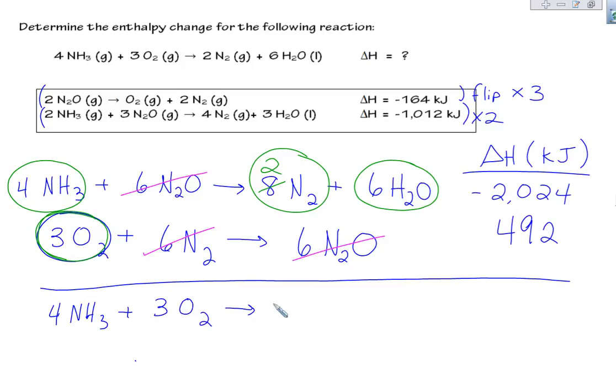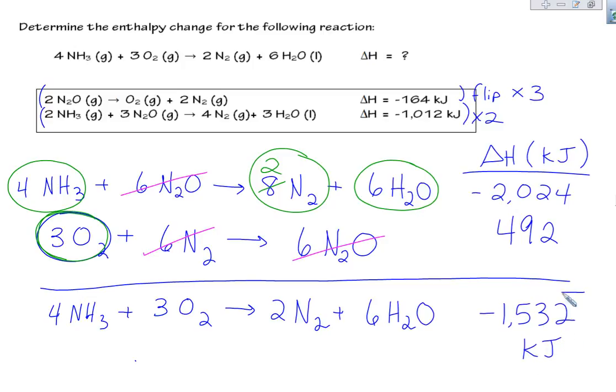O2, the 2 nitrogen, the 6 waters, and then we're just going to add those 2 elementary steps, and we will say the overall reaction releases 1,532 kilojoules. Exothermic overall. First step, very exothermic. Second step, slightly endo. But if we add the 2, we get the overall change for the balanced equation.